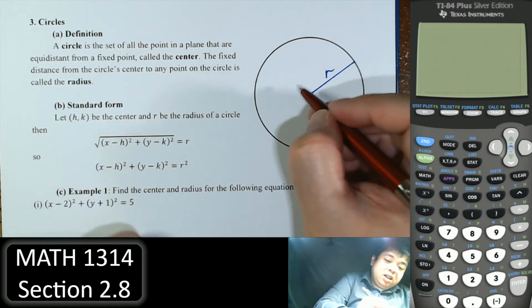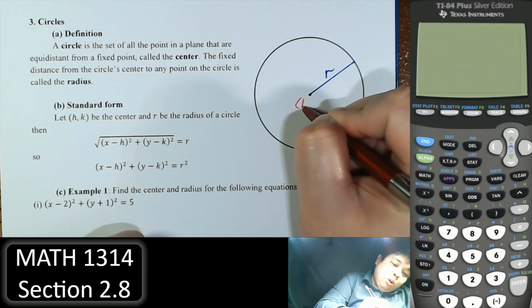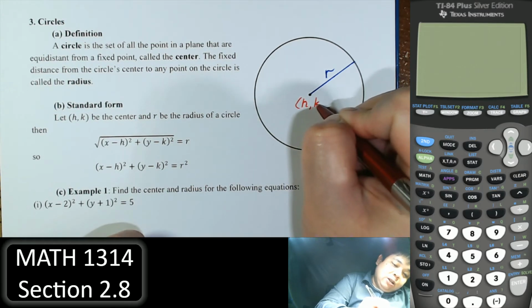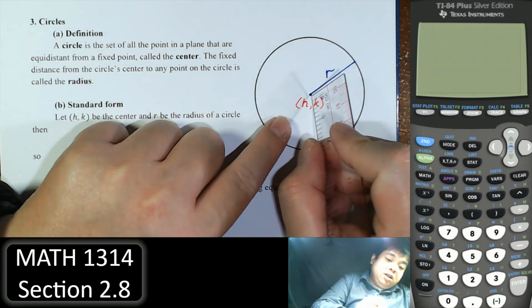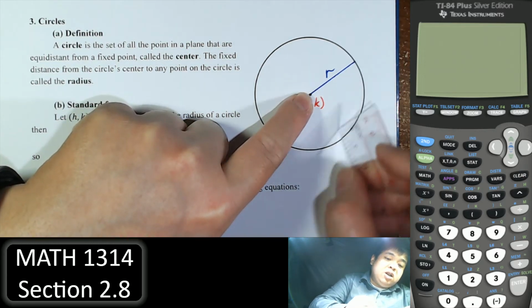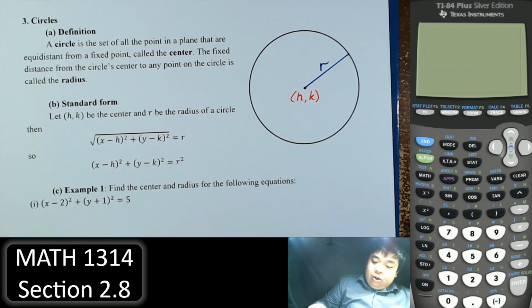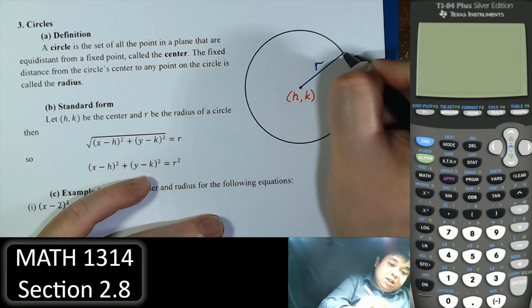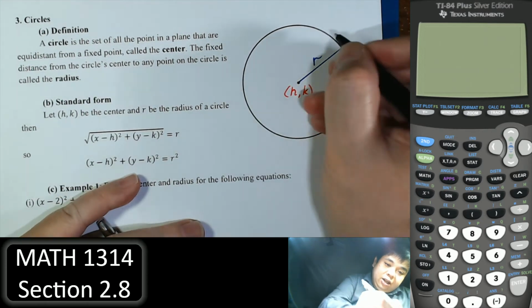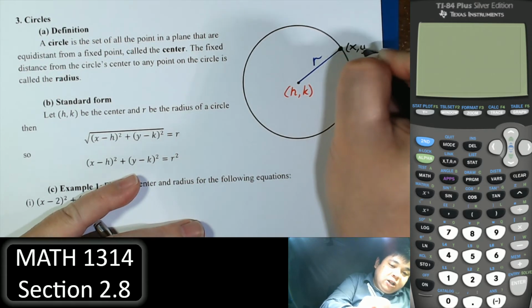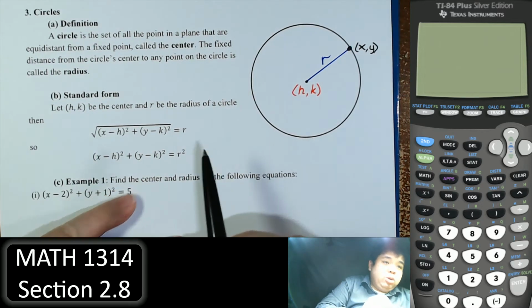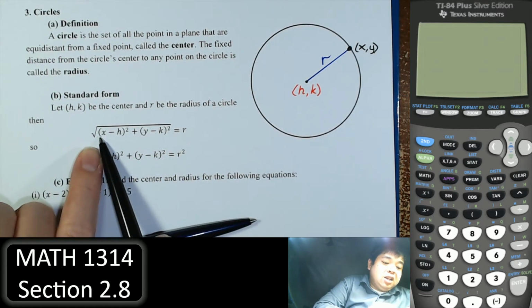In this form, we will let the center be h and k. So the coordinate of the center is h and k. And the definition says that the distance from the center to any point on the circle is equal to a constant. So any point on the circle has a coordinate x, y. So we start with the distance formula.